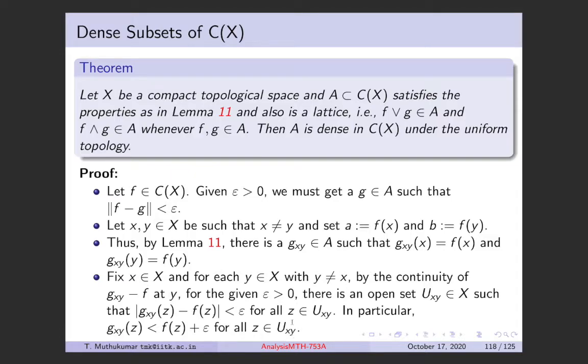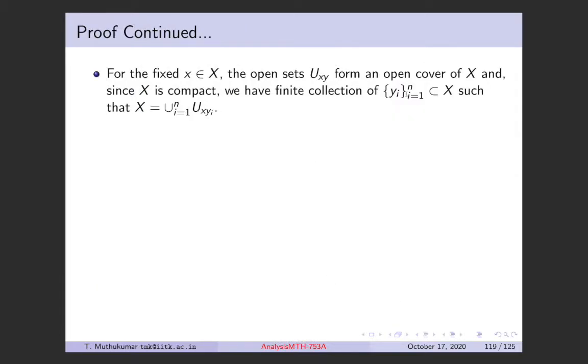Now this is true for each y in X. For each y in X you have a neighborhood, and all these open sets form an open cover for X, and by the compactness of X, you have a finite subcover for this collection of U_xy. So you actually have a finite collection, some points y_i, such that the corresponding open sets cover the given compact set.